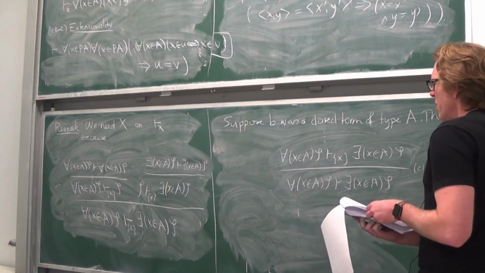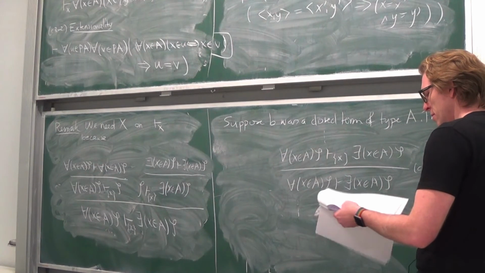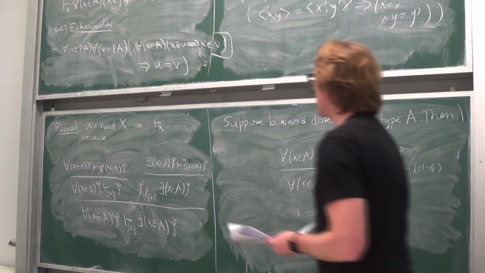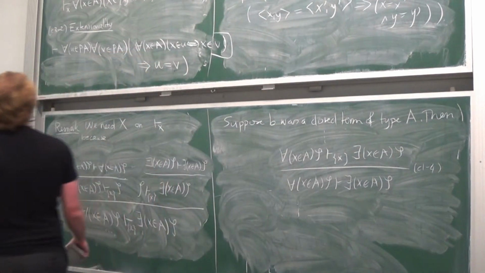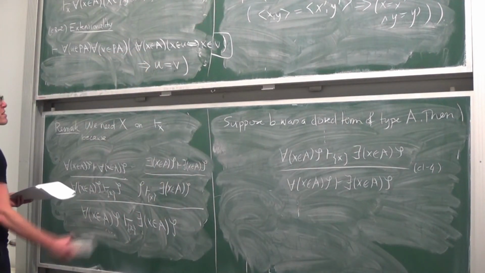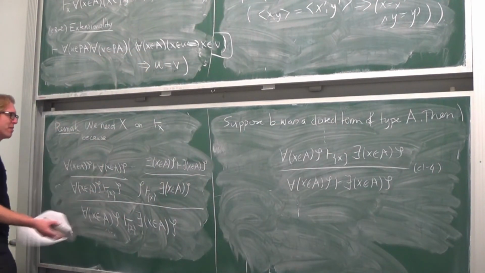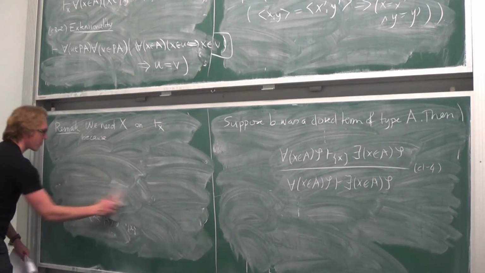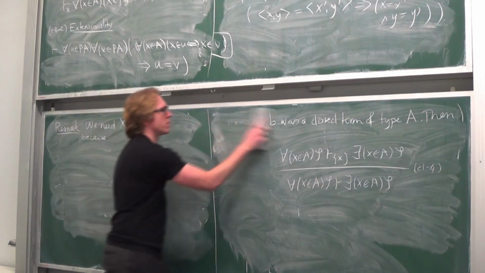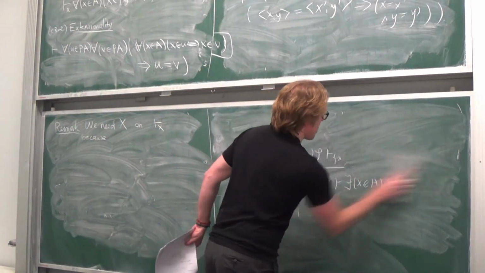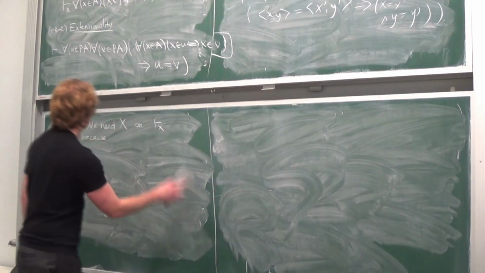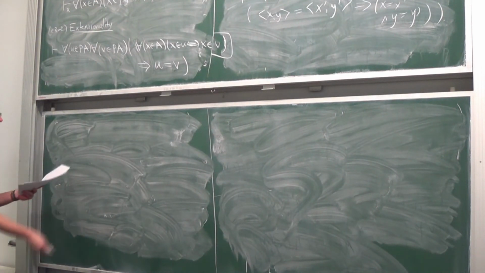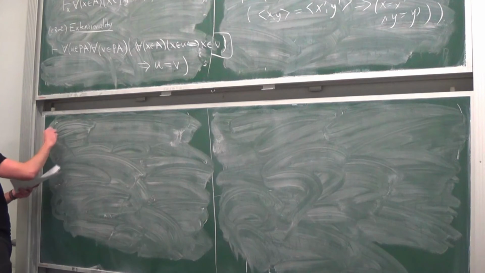Okay, so that was one example, and now I want to do a second example, which is proving that for all and exists are somehow functorial. So we're going to need that. This is on page 10.